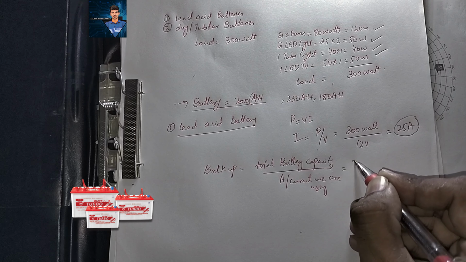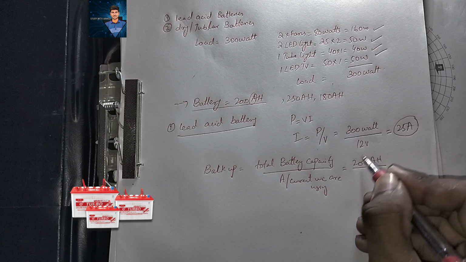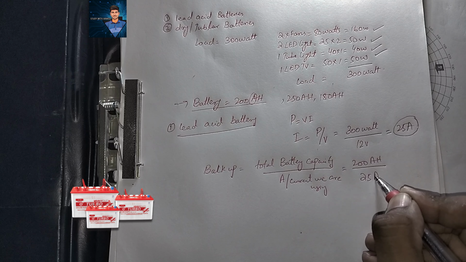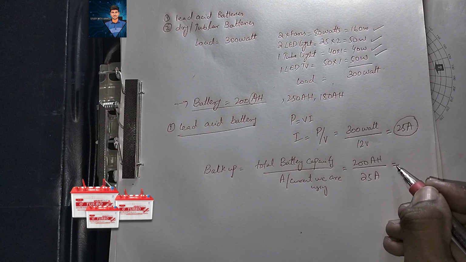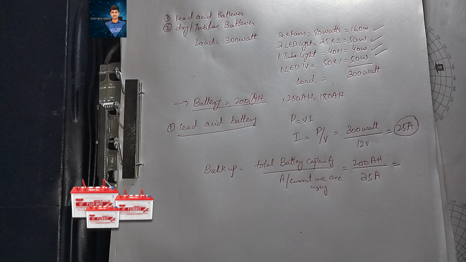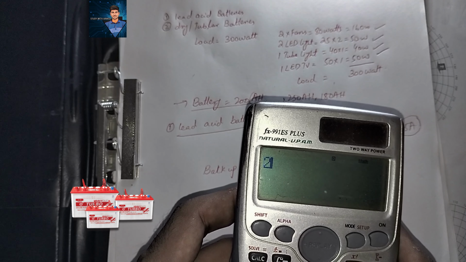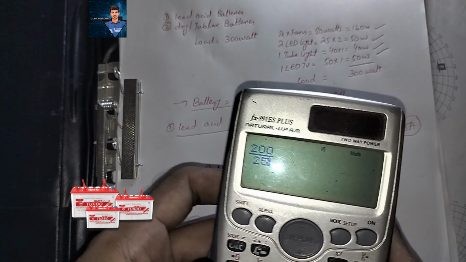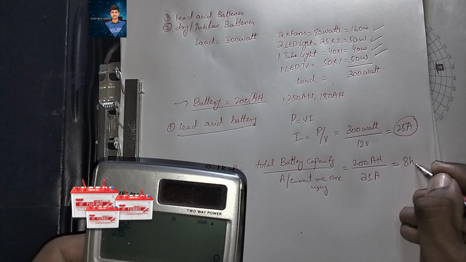So in this example we are having 200 ampere hour of battery capacity and we are using 25 amperes of current per hour. We will divide 200 by 25, so it will provide us 8 hours of backup.